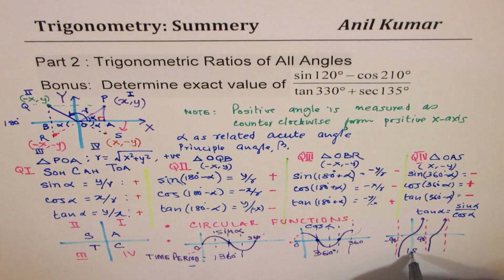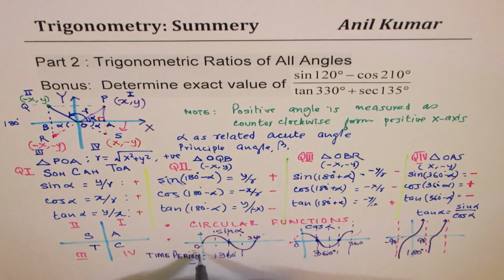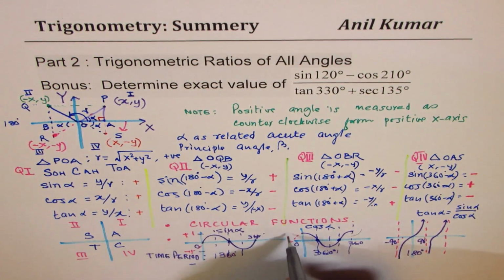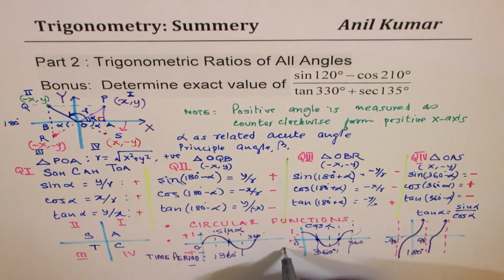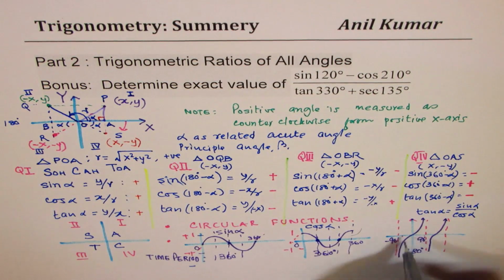However, tan repeats after 180 degrees. Correct? And for sine and cosine, the range is from minus 1 to plus 1. So this is plus 1, this is minus 1. This is plus 1, this is minus 1. But for tan, it could take any real numbers. Do you see that? Right.